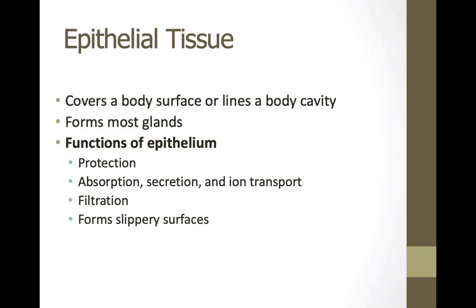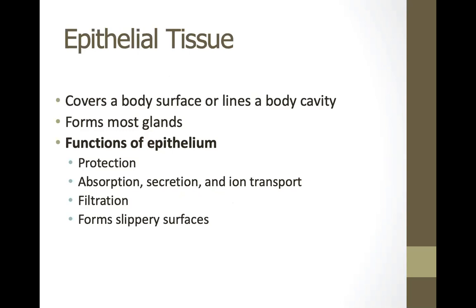Awesome. Okay, so let's start with our epithelial tissue. Again, one way that we can describe epithelial tissue, in terms of function, is that it's covering your body. But then again, we have various types of epithelial tissue.